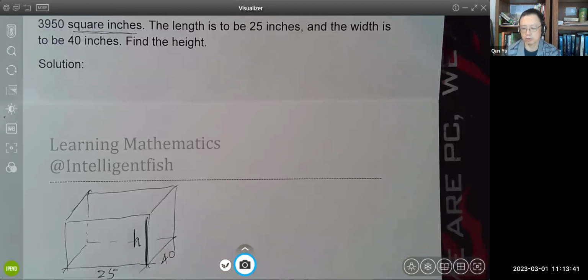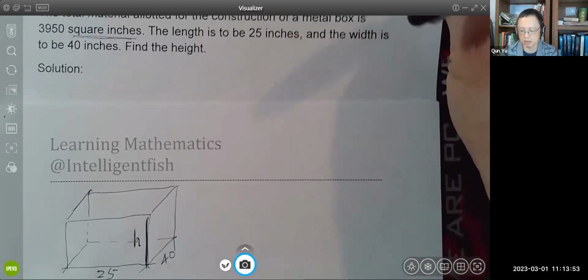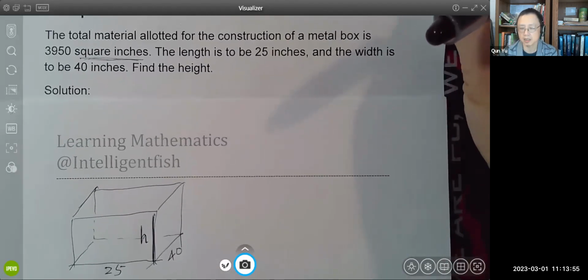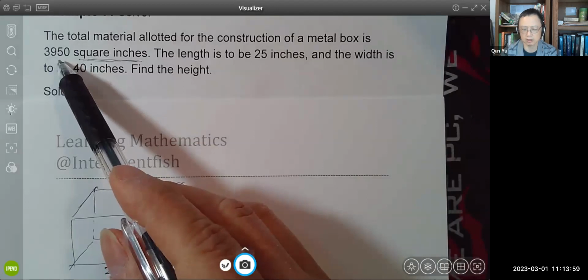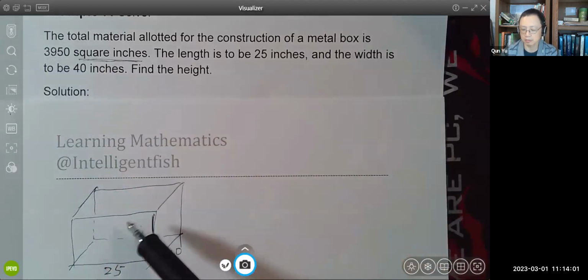Now, after you use a variable to represent the unknown, it's time to set up the equation. An equation is nothing more than something that is factual, that is true. And we know this number we have not used, which is the total surface area. A box has 6 sides, right?